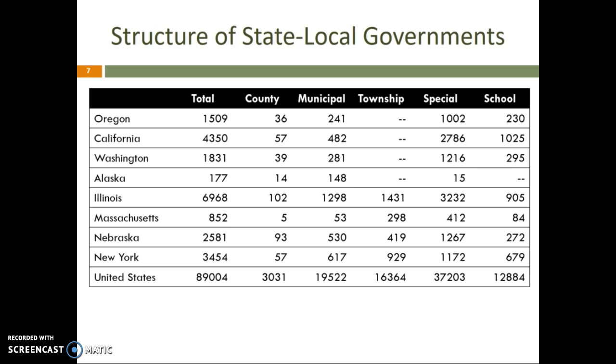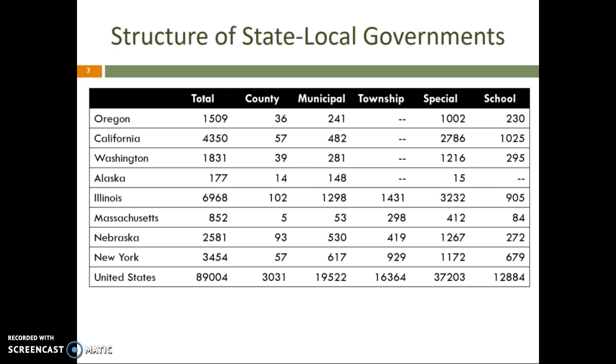Alaska, obviously, is a relatively low population state, so it has fewer state and local government entities, but it only has 15 special districts and has no specific school districts, which can mean that the function of schools and K through 12 education is provided by a different branch of the government.